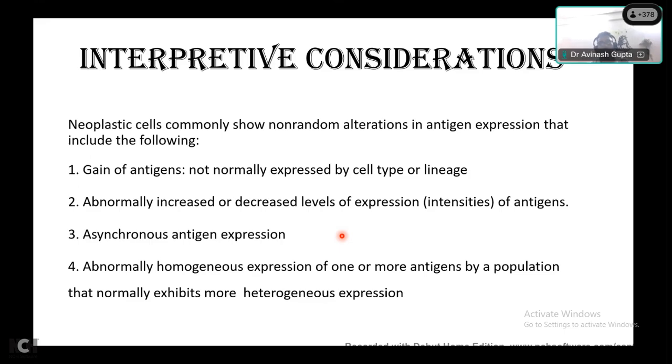So we should try to find out the abnormality in the immunophenotype rather than just positivity or negativity. Then abnormal homogeneous expression. There are various patterns where at some stage the antigen expression should be heterogeneous or variable. But if we are getting that expression as a homogeneous cluster, or loss of that antigen or negativity, that means there is an abnormal presentation.